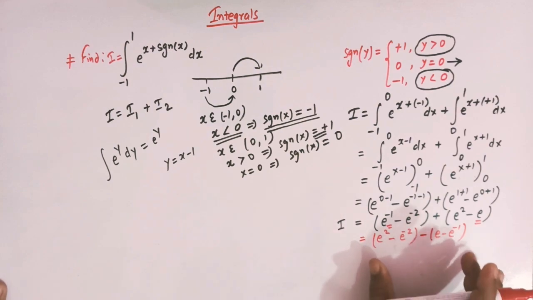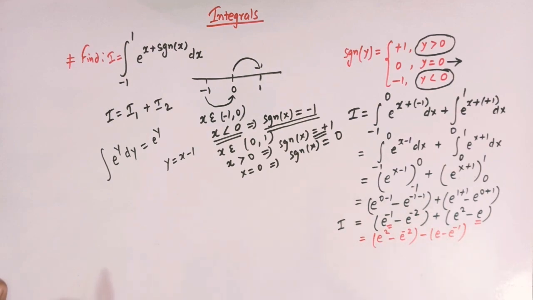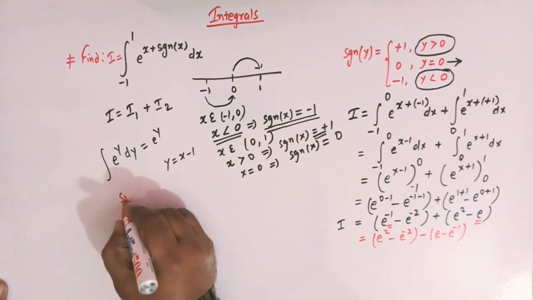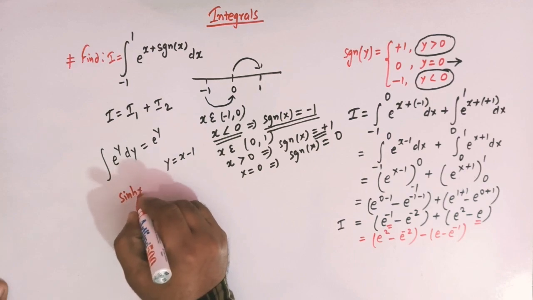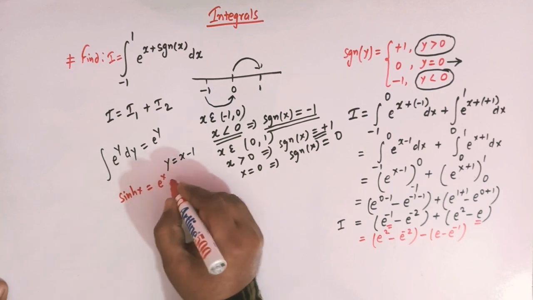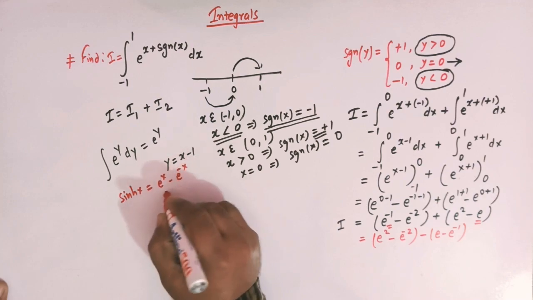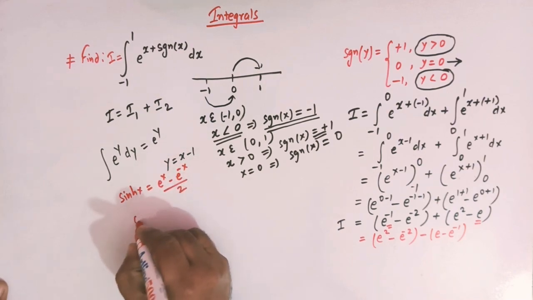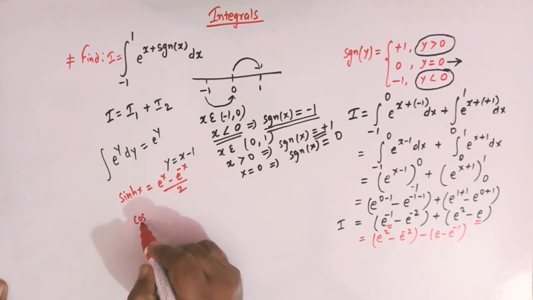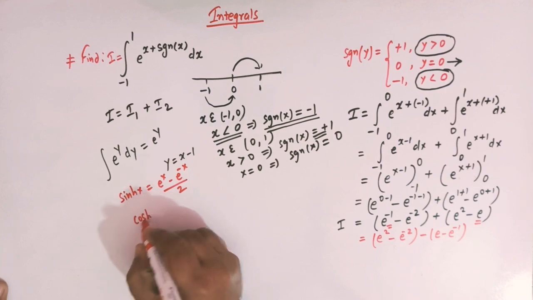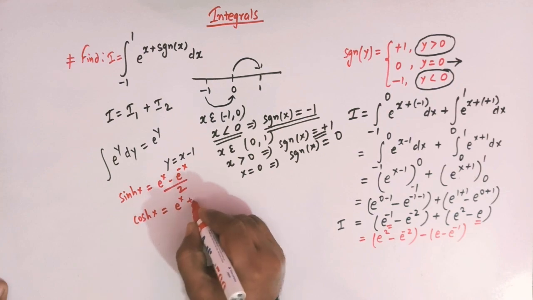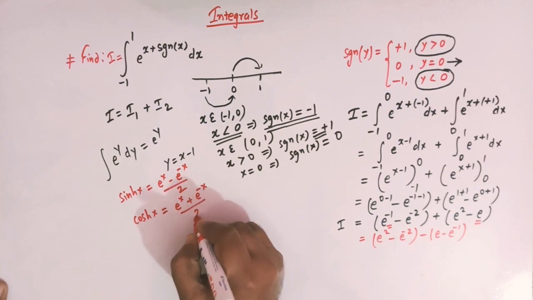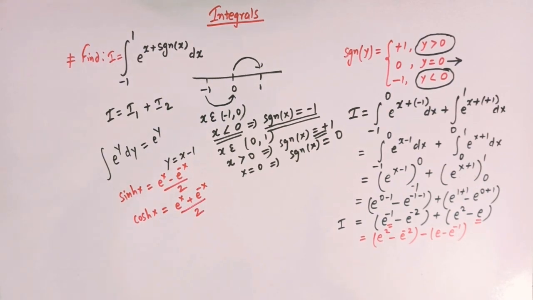Okay, so now here we'll make use of the hyperbolic functions, and we know that the hyperbolic function of sine is given by e raised to x minus e raised to -x over 2, and hyperbolic function of cosine, cosh x, is equal to e raised to x plus e raised to -x over 2, right?